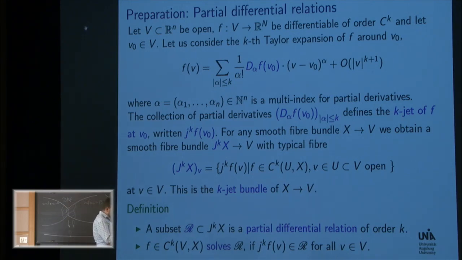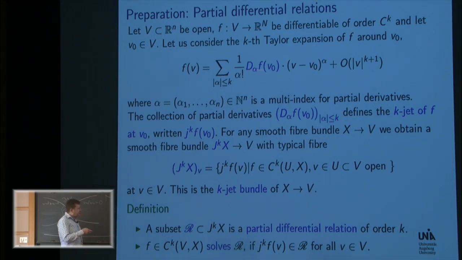And just a quick reminder, we talk about k-jets of smooth functions defined on open subsets of R^n with values in R^N. The k-jet means the collection of all partial derivatives, mixed partial derivatives, up to order k.